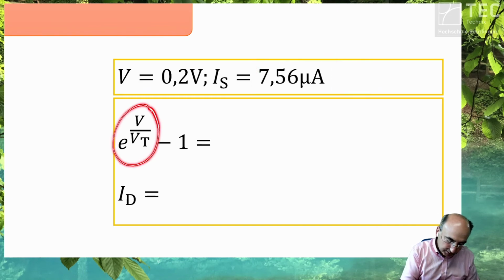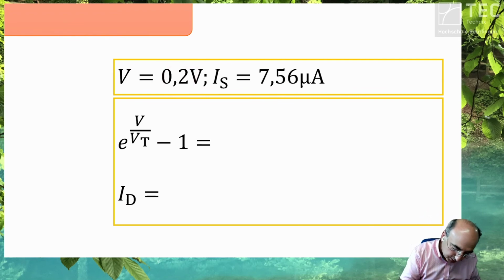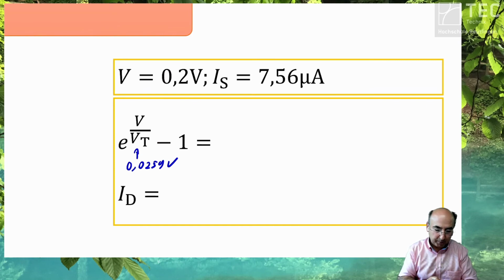Let's calculate this value for 0.2 volts. Let's take the pocket calculator. VT, let's assume 0.259 volts. 0.2 divided by 0.0, so, huh? I have mistyped.